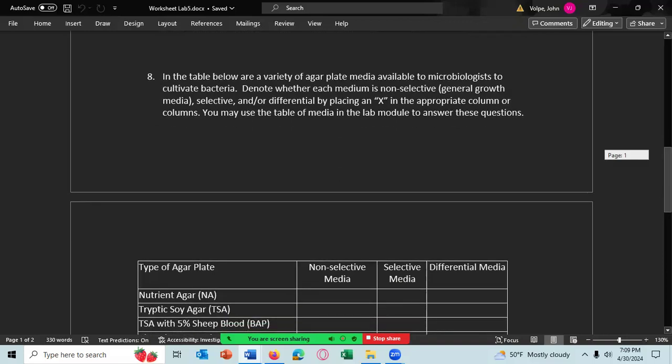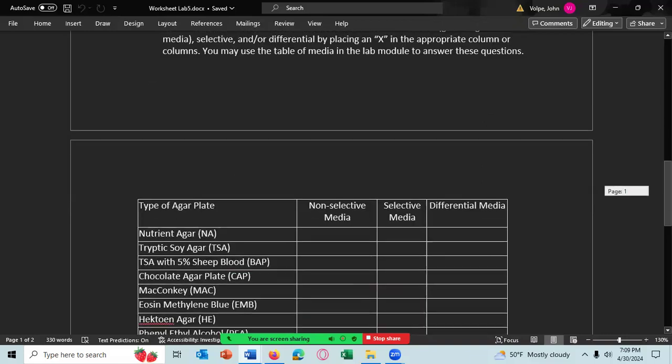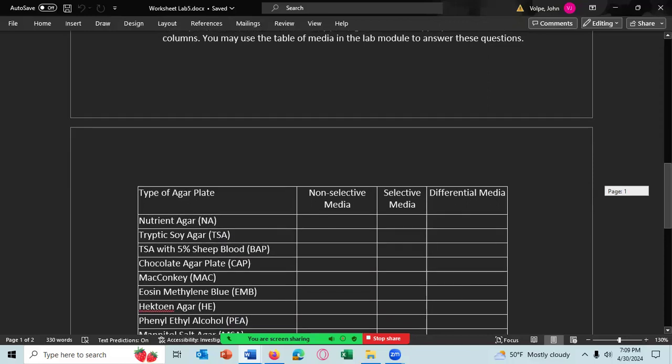Place an X in the appropriate column or columns, meaning some of them can be more than one. I'll give you a hint. We don't have any media that is both non-selective and selective. These are either one or the other because they're mutually exclusive. So some of them can have an X in 2 columns, some of them an X in 1 column. Any questions?